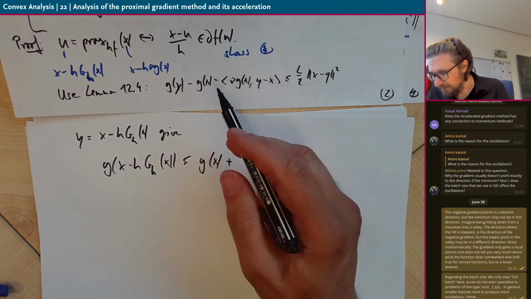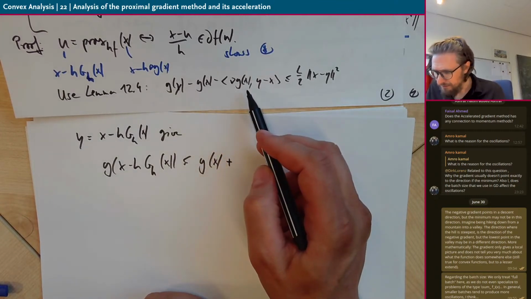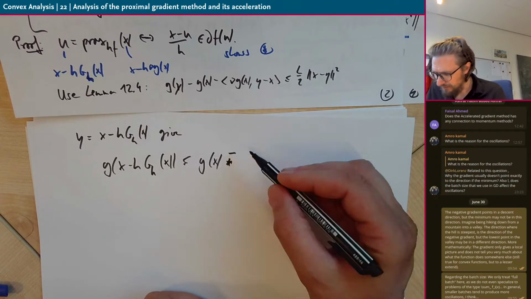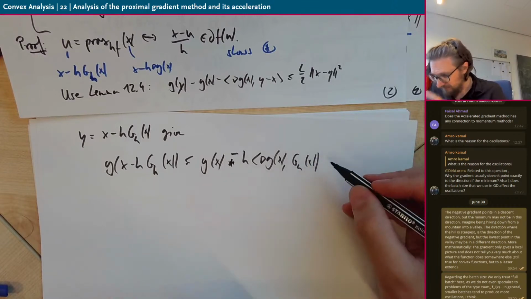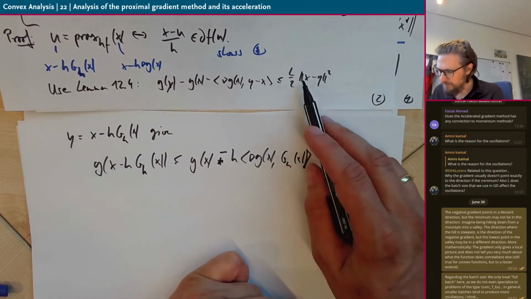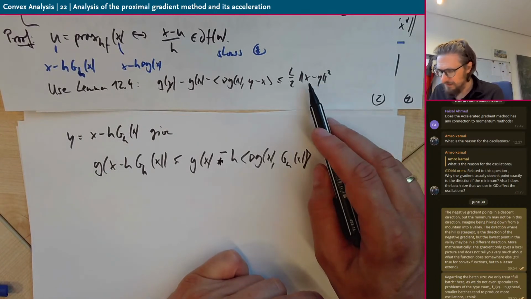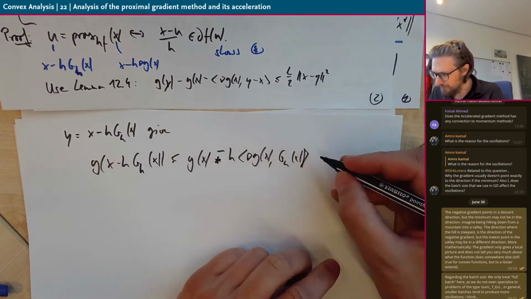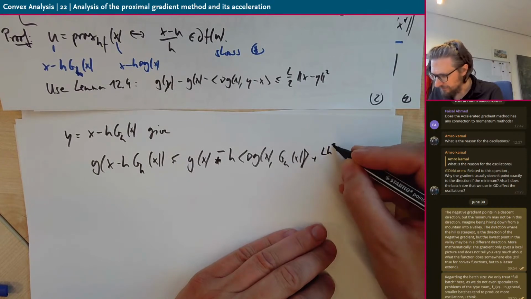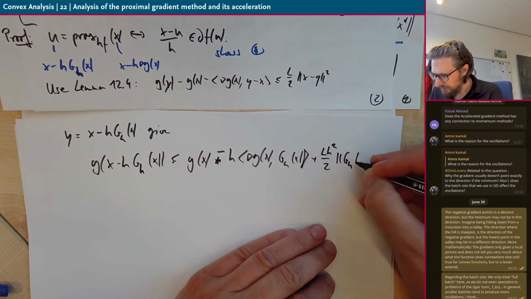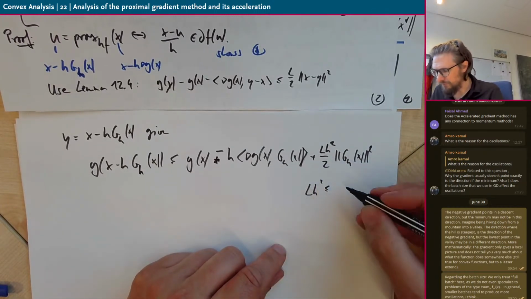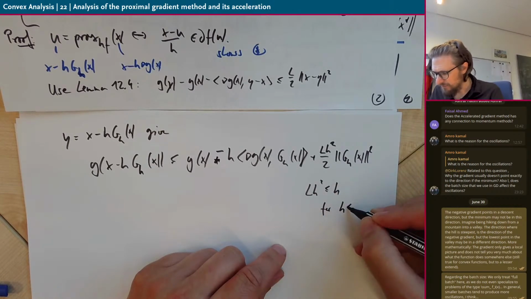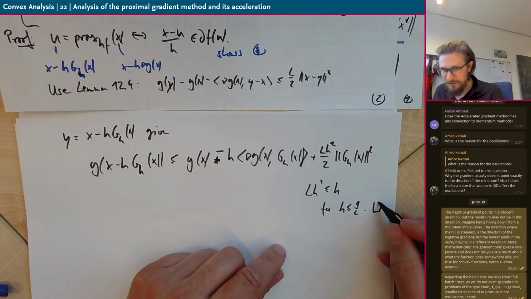It goes over here with a plus, but y minus x gives a minus, so the minus is correct. h times the gradient of g of x, and here we get again h times gh. We get an h squared out, so we get here plus L h squared over 2 gh of x. We could work with this, but we could also say that L h squared is of course smaller than h for h smaller than 1 over L. And then that's it.